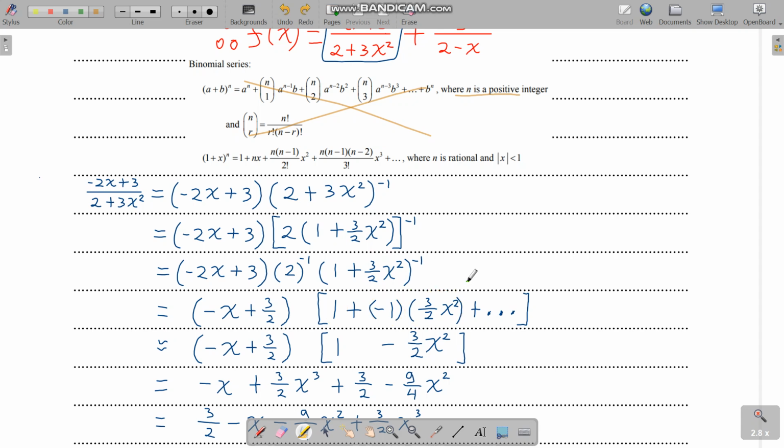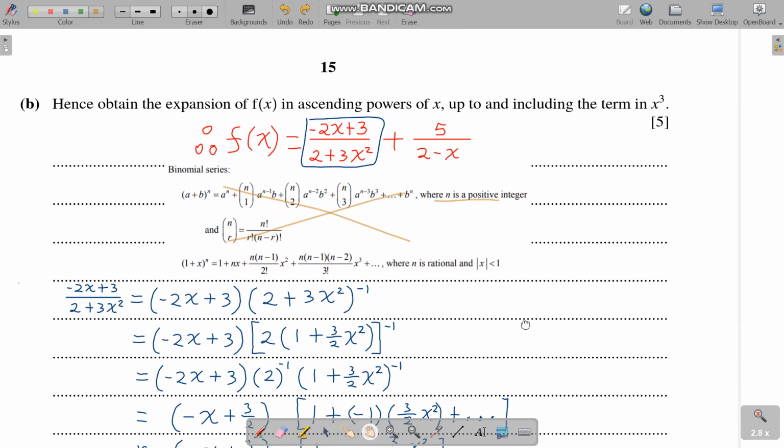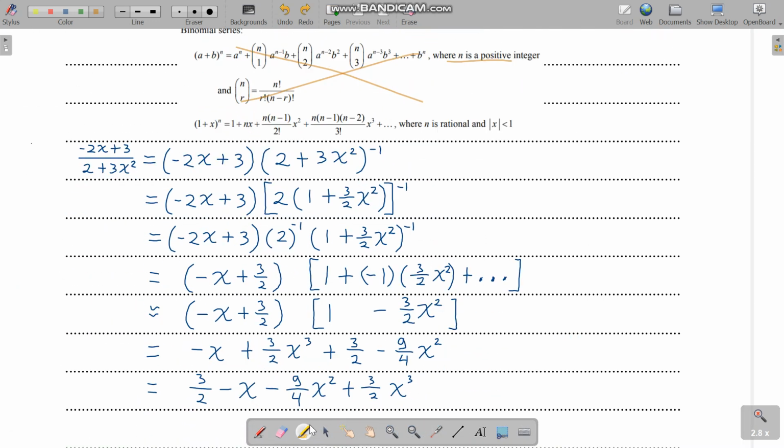In case you are wondering why don't we continue with the next term, well, because it says the expansion is up to and including x cubed. So x cubed means if we continue here, we're gonna get something with x to the 4th power, and that is wasting time because we don't need that. So we stop right here and simplify.